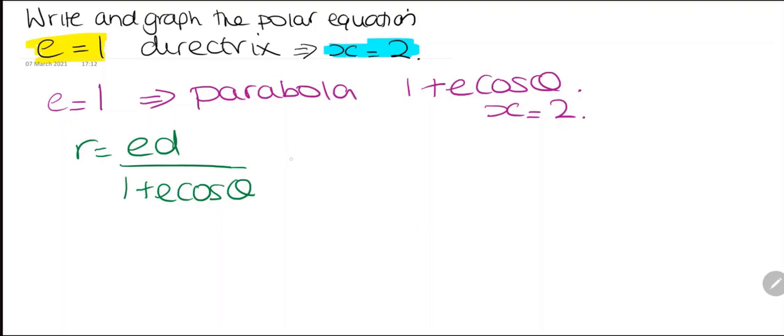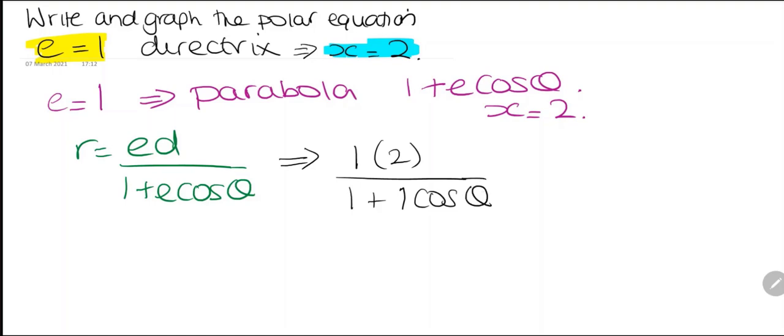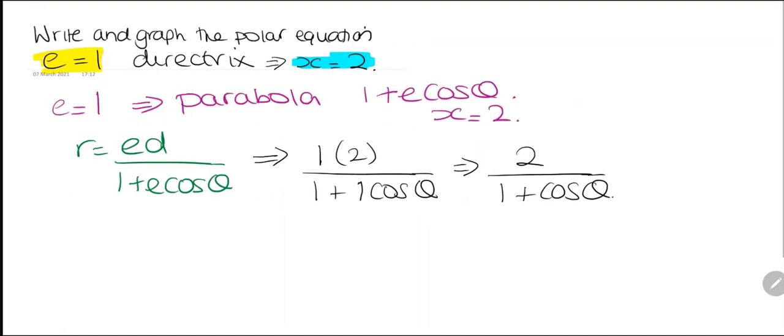So if we substitute in what we know, e is 1, the directrix is 2, so 1 multiplied by 2, over 1 plus 1 cosine theta. And we can just rewrite this, so 1 times 2 is 2, over 1 plus cosine of theta. So this is our equation.